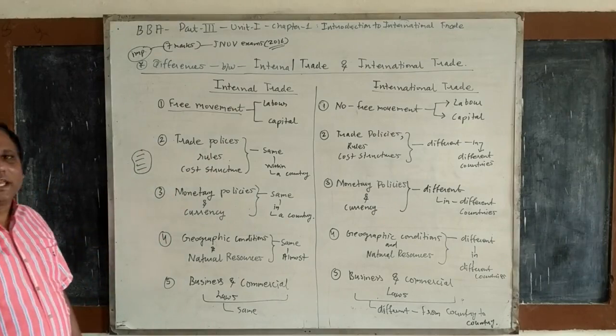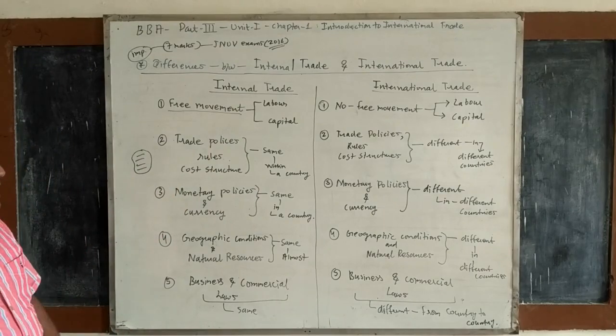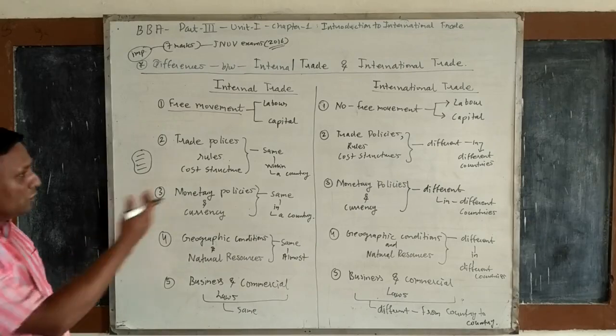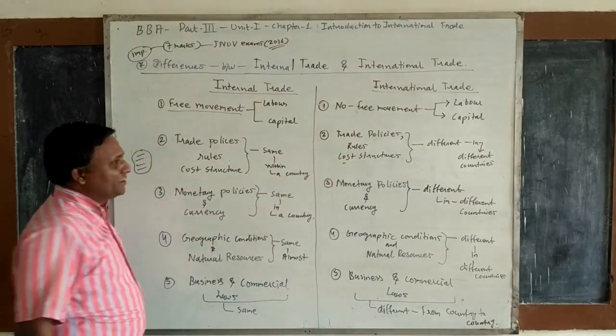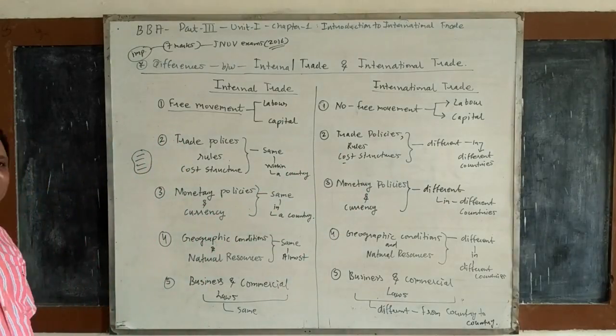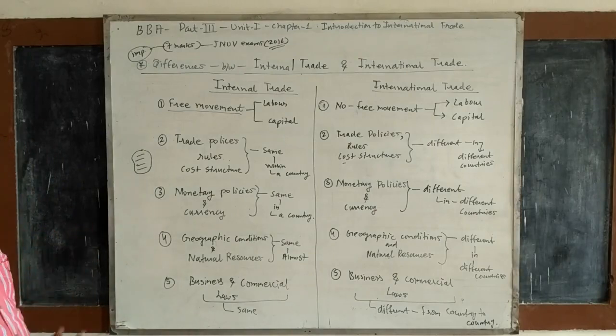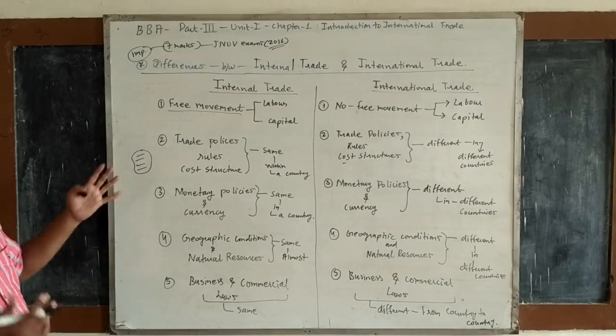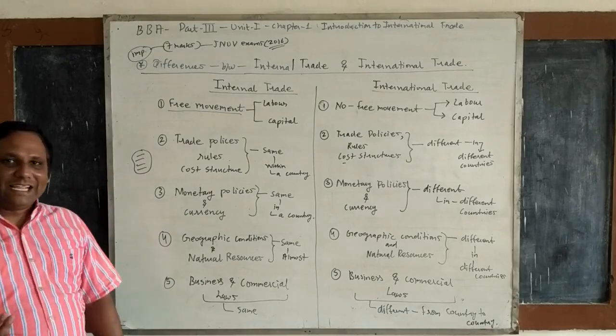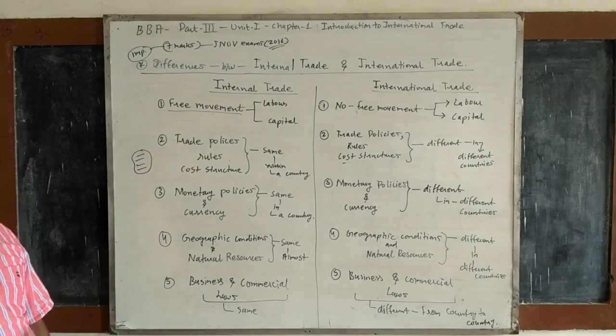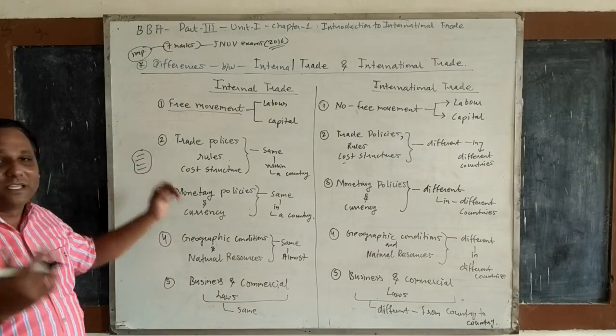But when we are talking about international trade, there are so many differences in trade policies, rules, and cost structures of different countries, because different countries have different economic systems and monetary and financial markets as well. And currency is also very different. So whatever rules and regulations are there in India, these are very different from the rules and regulations and cost structures of other countries.